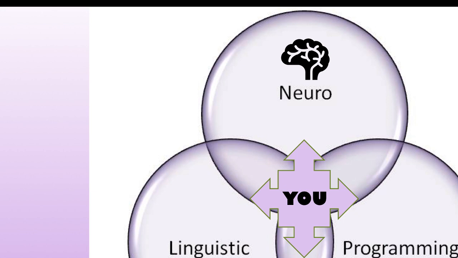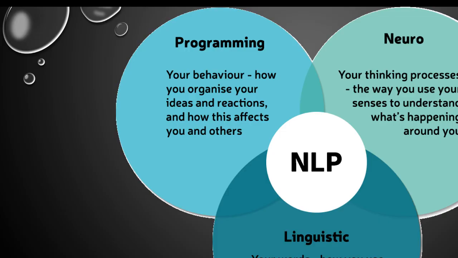So, as I said, NLP stands for Neuro-Linguistic Programming. What does that mean? It's well represented here, nice and easily, through this Venn diagram. I love my Venn diagrams, they're just great.